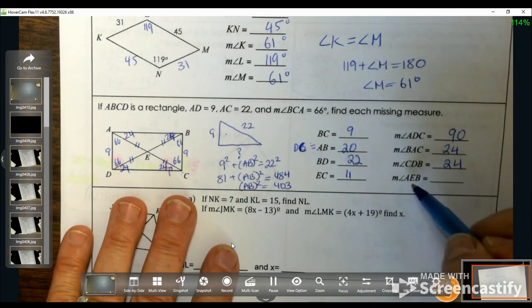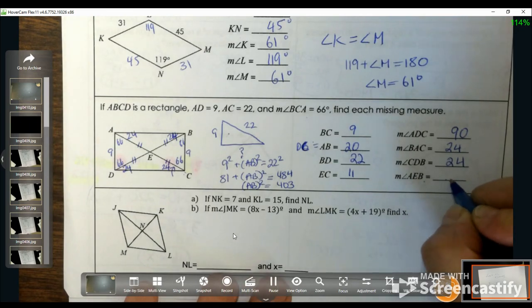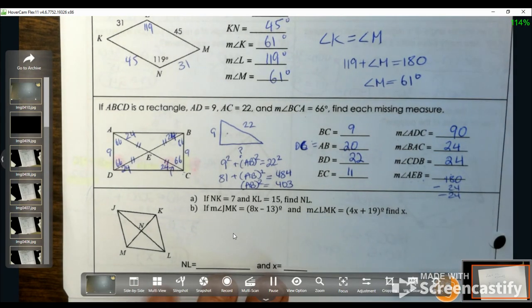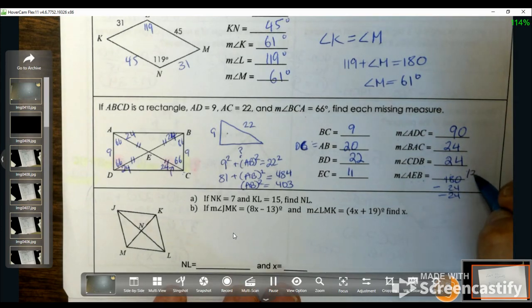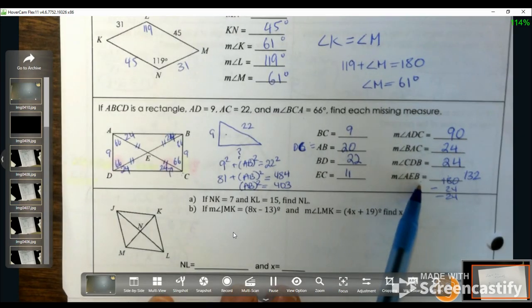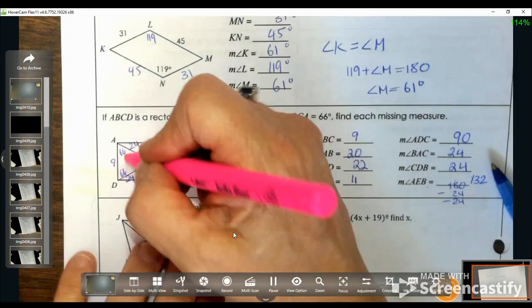And then the last one, AEB, is, of course, 180 minus 24 minus 24, which gives us 132. And that's the inside angle, AEB. That's the triangle that we're looking at.